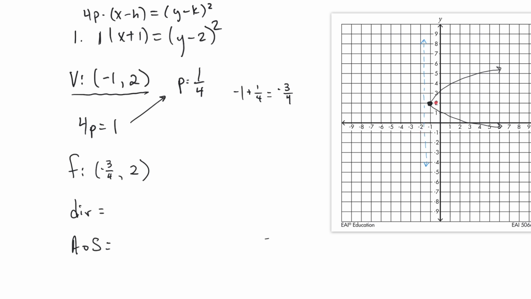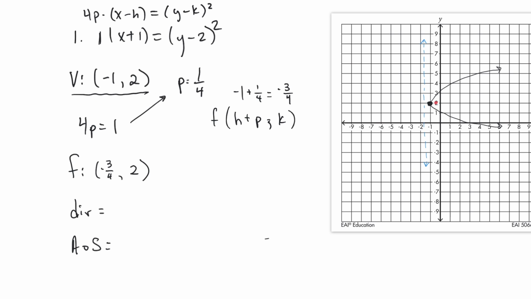So when you go to the right, you're adding, so it'd be -1 plus 1/4. Technically, if you want a little formula for that, it's going to be h plus p to give you the x-coordinate of your focus. The other part of that is just going to be k, because that was the original value.